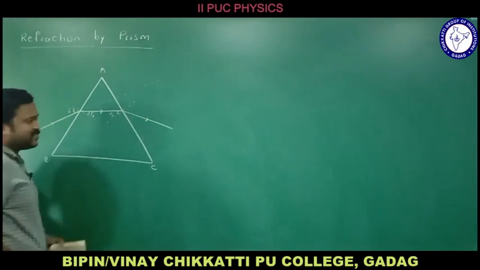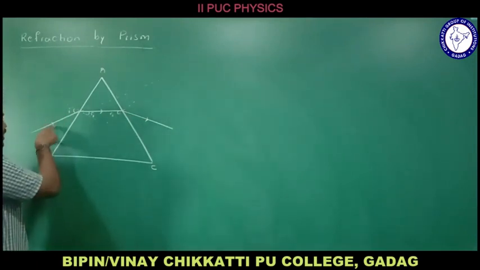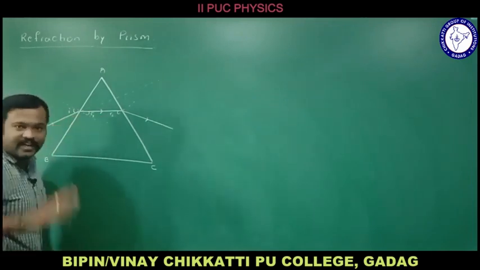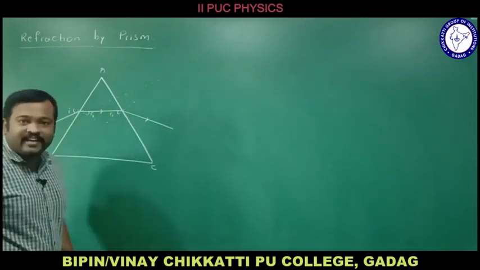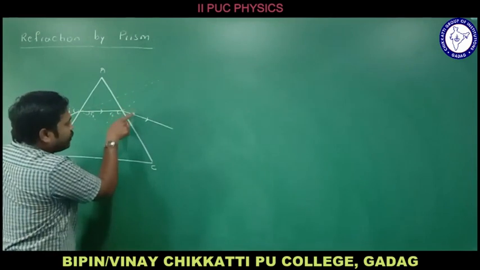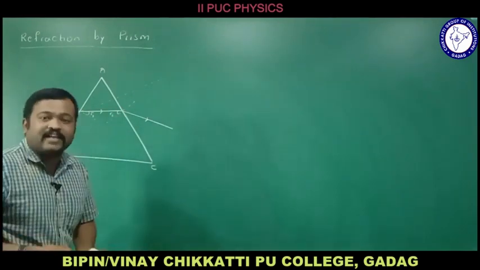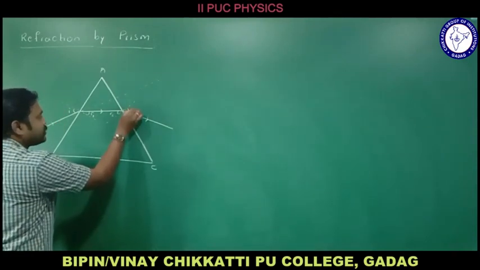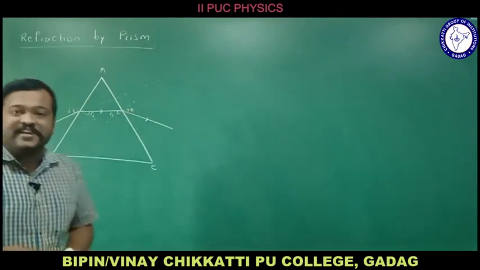Let me take like this. This is the incident ray, the angle of incidence. Refracted ray, these are the angles of refraction. This is the emergent ray, and the angle between the normal and the emergent ray, let me take it as the angle of emergence, E, right? This is the angle of emergence.